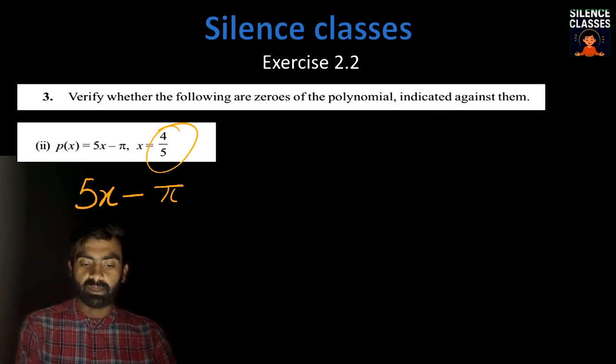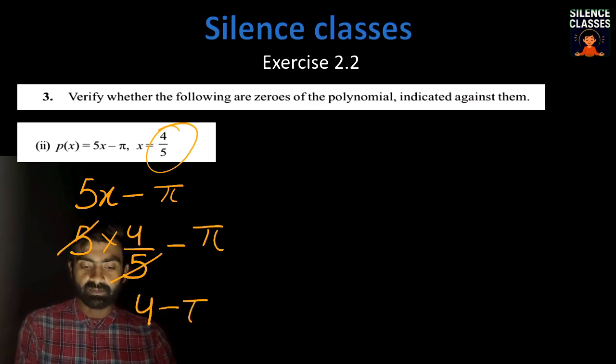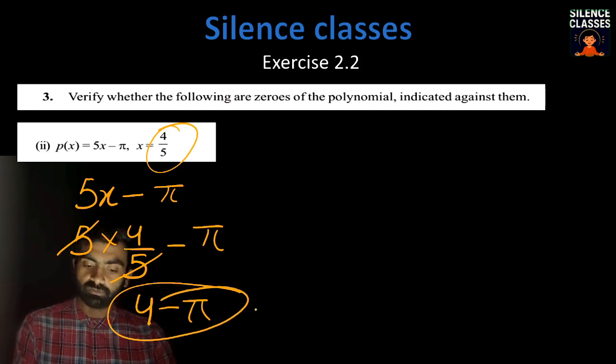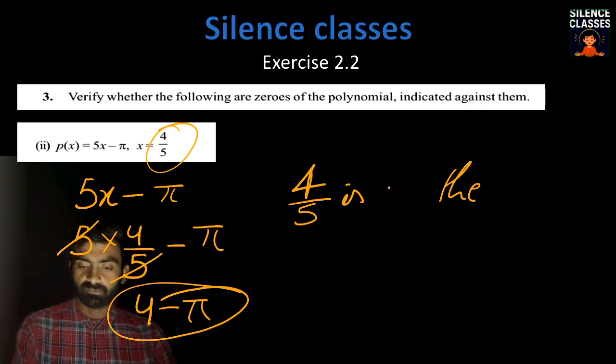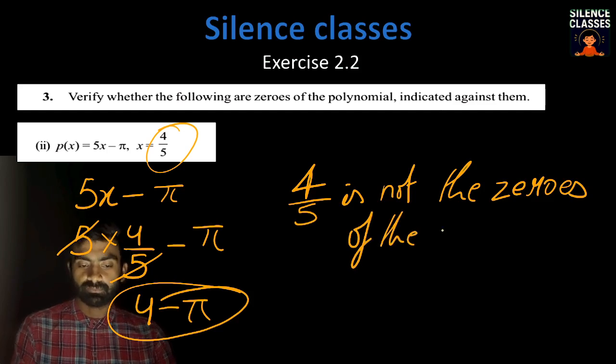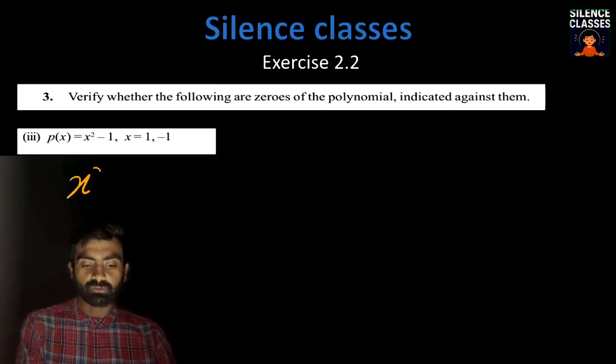So 5 multiplied by 4 upon 5 minus pi. 5 we can cancel. 4 minus pi is not equal to 0, so we can say 4 upon 5 is not a zero of the given polynomial.